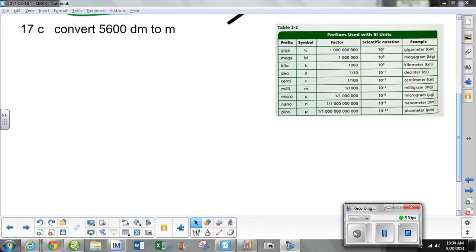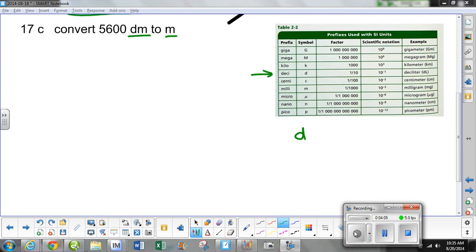Let's go to the second one. In this problem, we're starting out with decimeters, and we want to convert to meters. So we look up deci. Deci is sitting right here, and a decimeter, DM, you can see the abbreviation for it, gives me a 1 over 10 for its value.